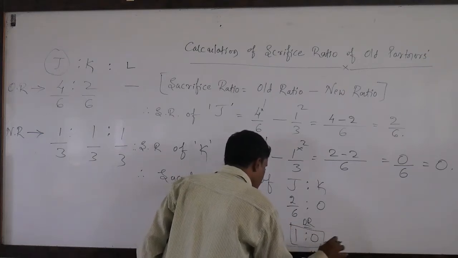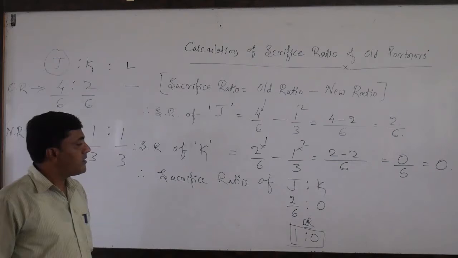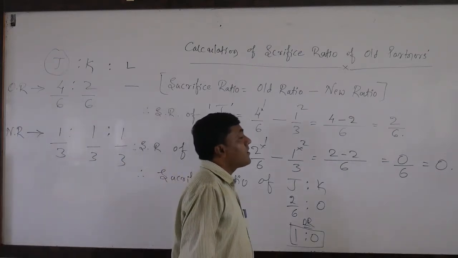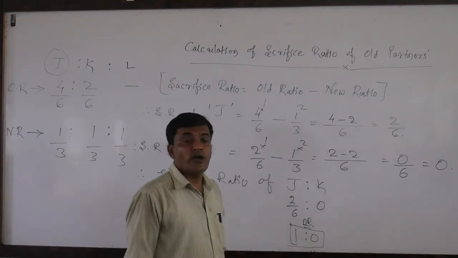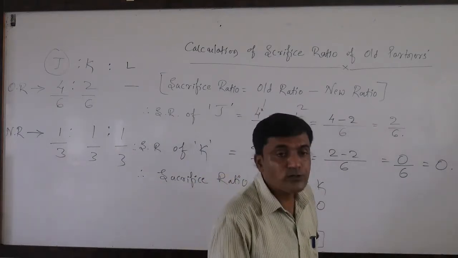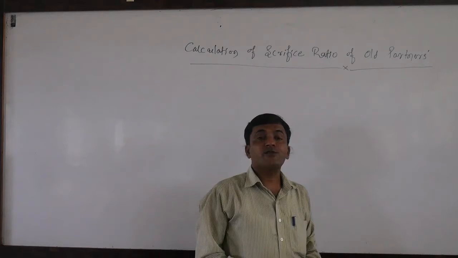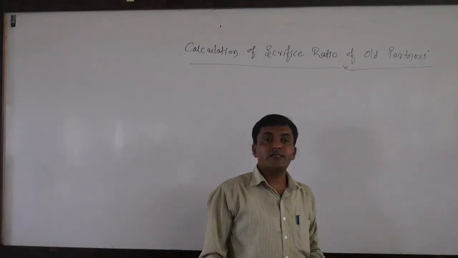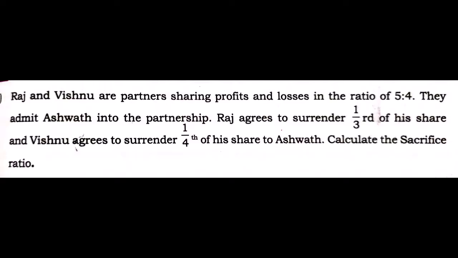This will be the sacrifice ratio of J and K. So, if you want one more example, dear students, I would like to solve. Okay, dear students, let us see one more example. For that example, you can see the question on your image.